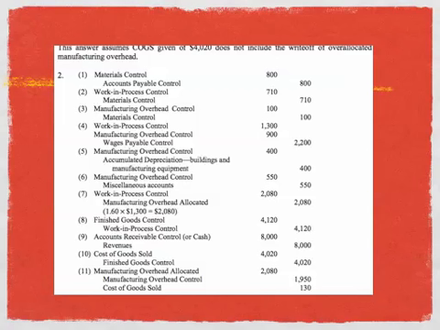We would put that to our materials control account, and then we would credit the payables. Number 2, direct materials were used. That then flows into the work in process, and it leaves the material account. Number 3, indirect materials issued to various production departments. So from there, we'll debit the manufacturing overhead, and we'll credit the material control account.